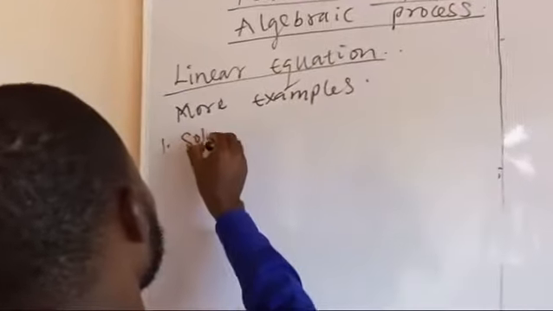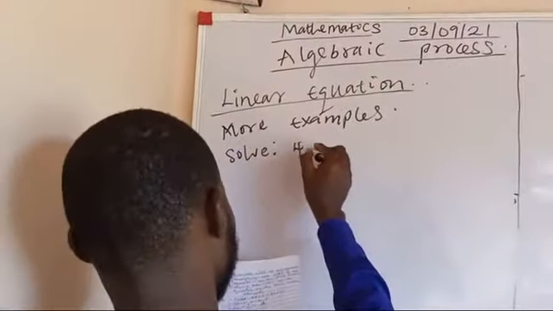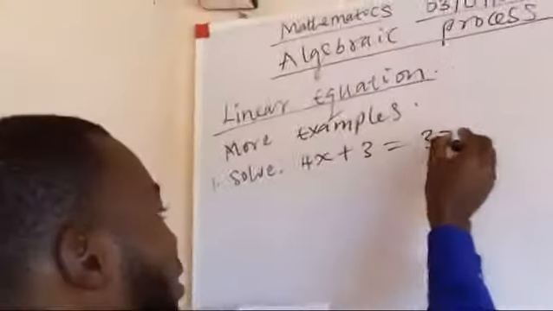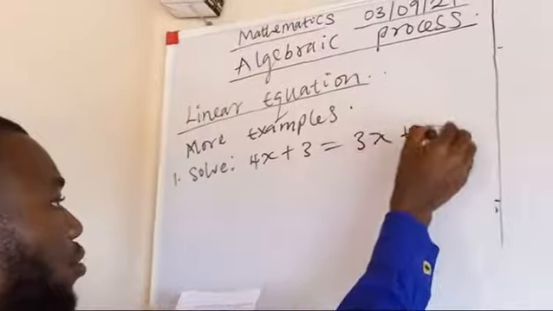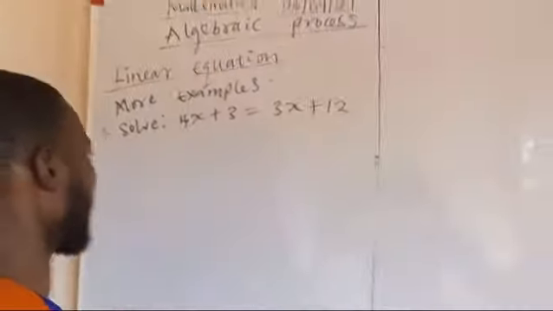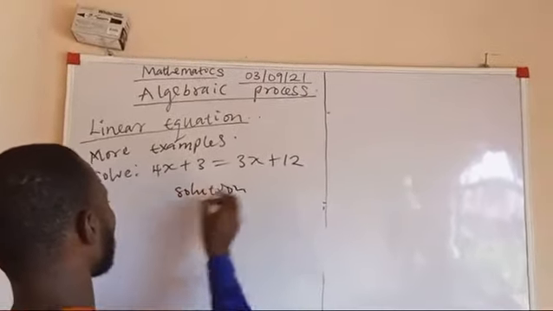One, solve 4x plus 3 is equal to 3x plus 12. So, solution. What are we going to do now?